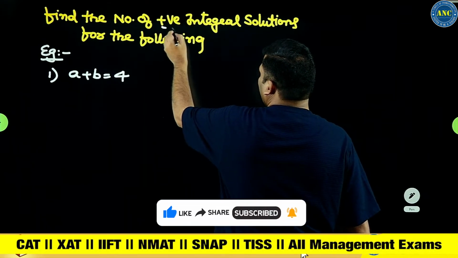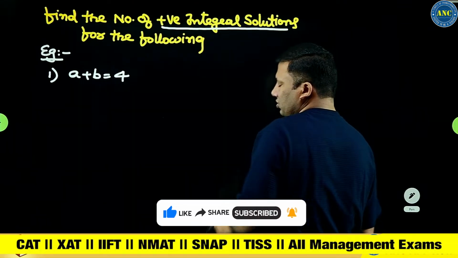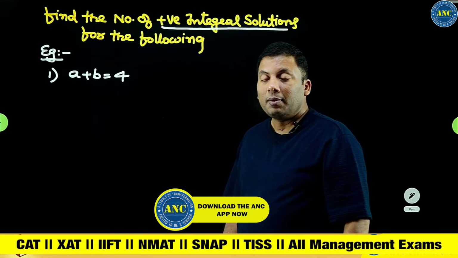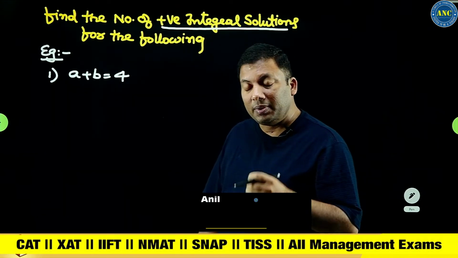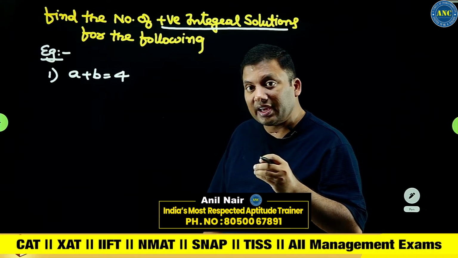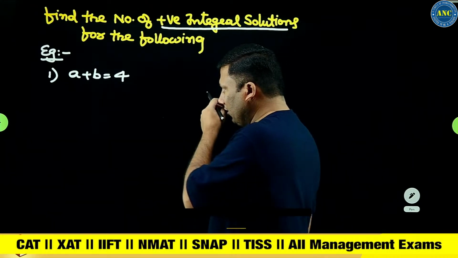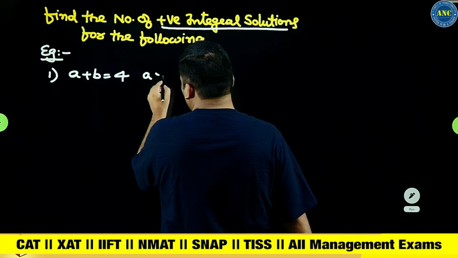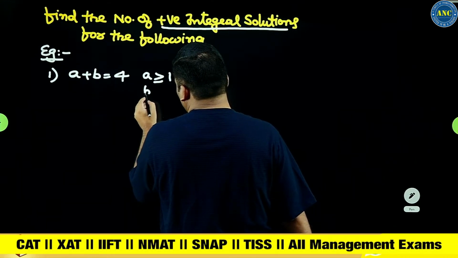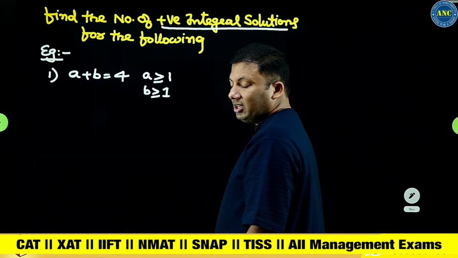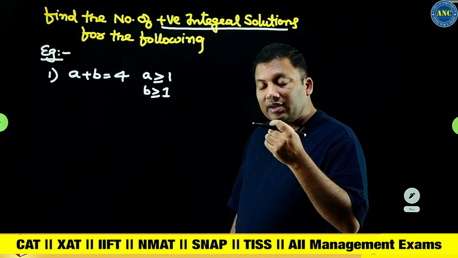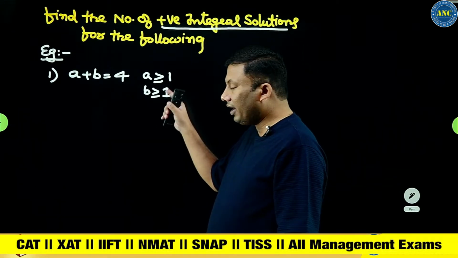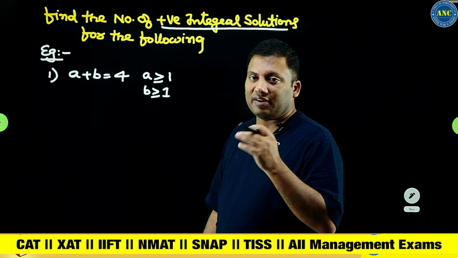Since it is positive integral solutions, which take positive integers, we need to find the a comma b values. a and b both will start with 1. Positive integers are natural numbers. If it is non-negative integral solutions, then a comma b should start from 0.